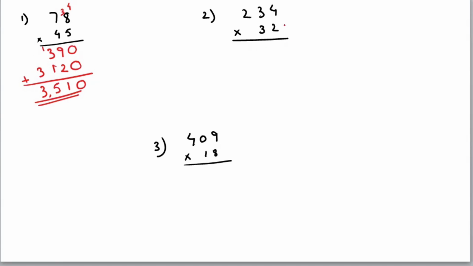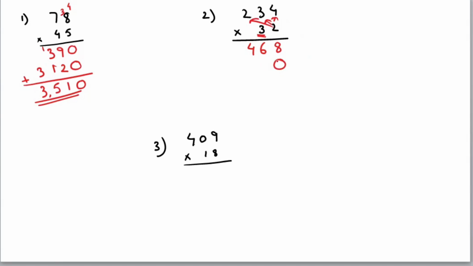Now solve this one. Here, first we will multiply with 2. So 2 times 4 is 8. Then 2 times 3 is 6. Then 2 times 2 is 4. Now we have to multiply with 3. 3 is in the tens place. We have to add a 0 placeholder and shift to the left.